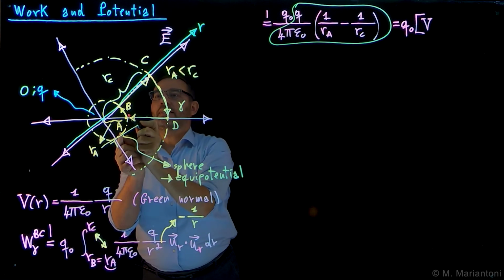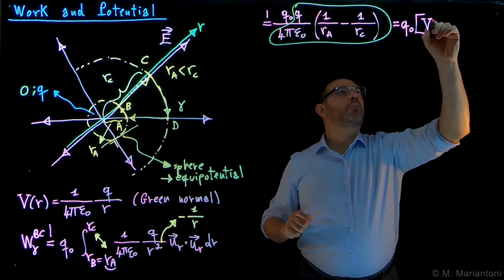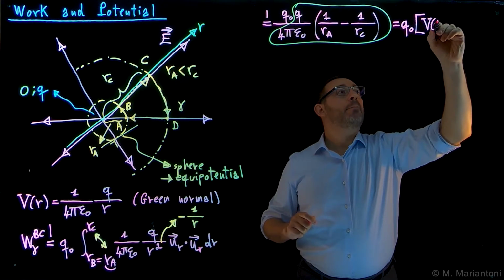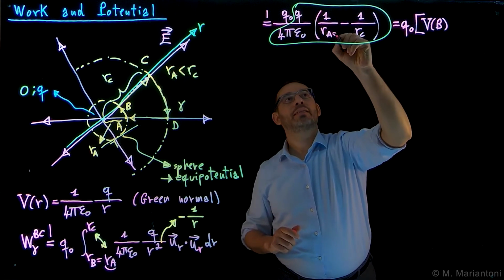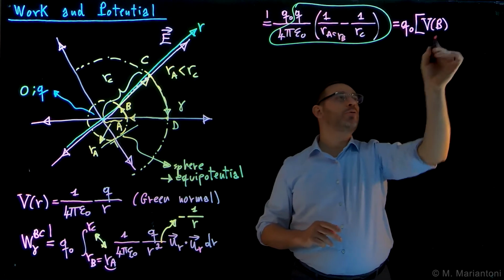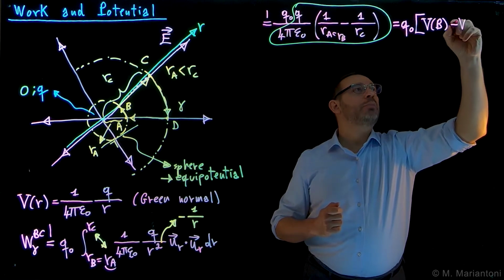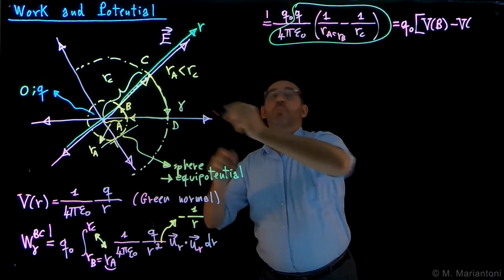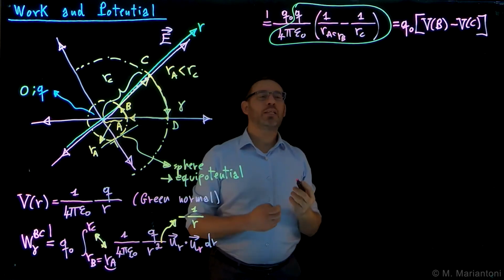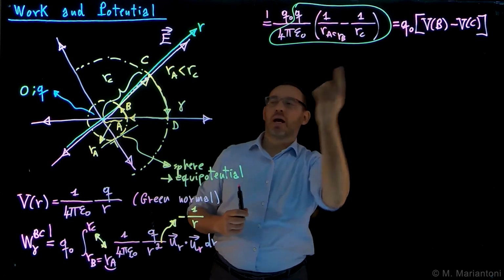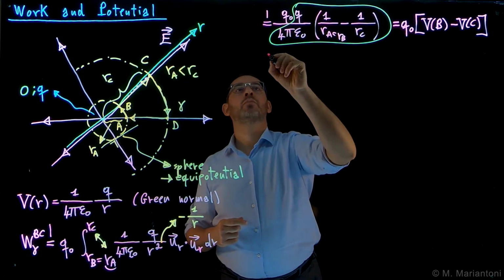But remember that RA is nothing but RB, so let's call it point B. This is the same as RB. So don't get confused. The same is B. It's B, the first point, minus the electrostatic potential V at the end point, which is C. Is this quantity positive or negative? Obviously, since RA or RB is smaller than RC, this is a positive quantity.